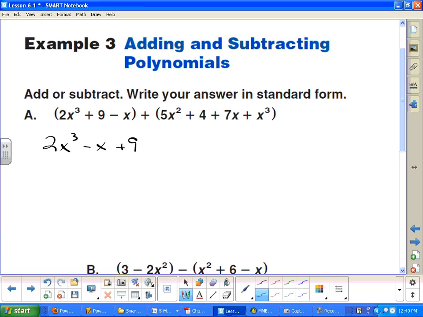A 1. If I multiply 1 times all of this, what do I get? Okay, that same thing, right? And same here, there's a 1 in front of this parenthesis. So when I multiply everything by 1, I still get those same things. So I'm just going to write them in the correct order. Plus x cubed plus 5x squared plus 7x plus 4. Just want to get them in standard form.